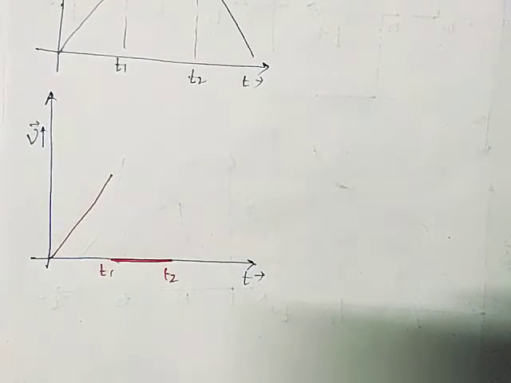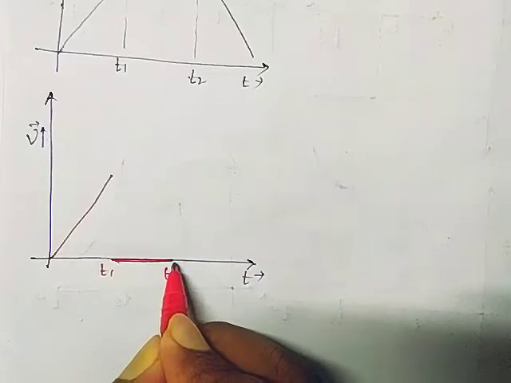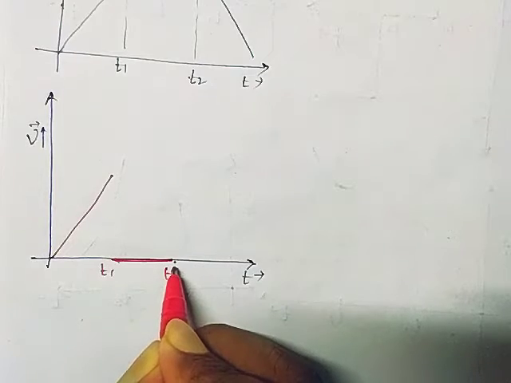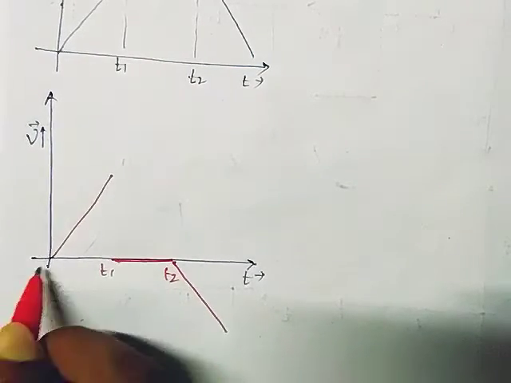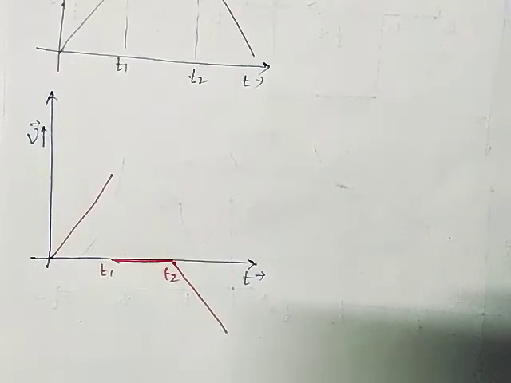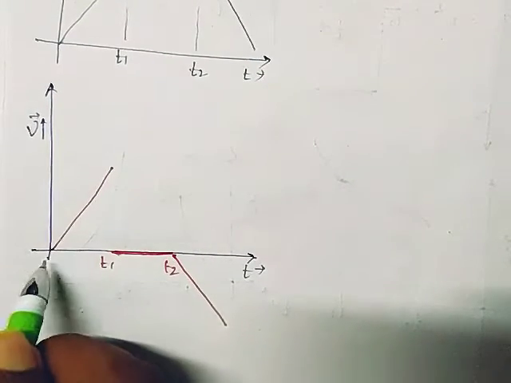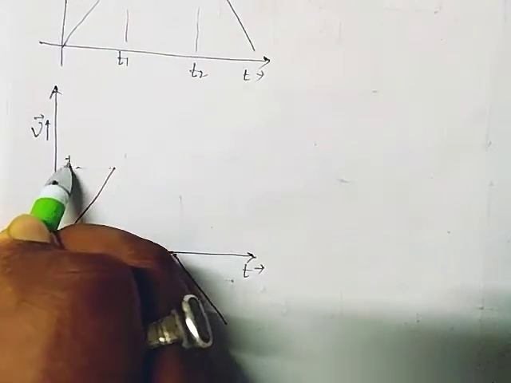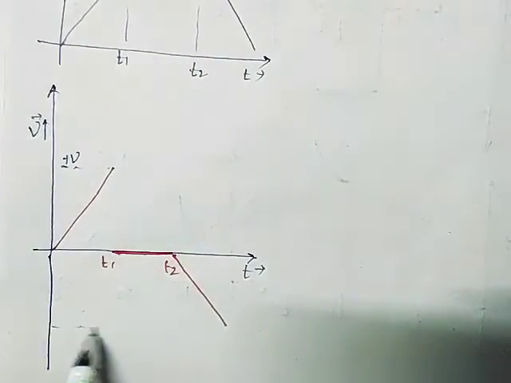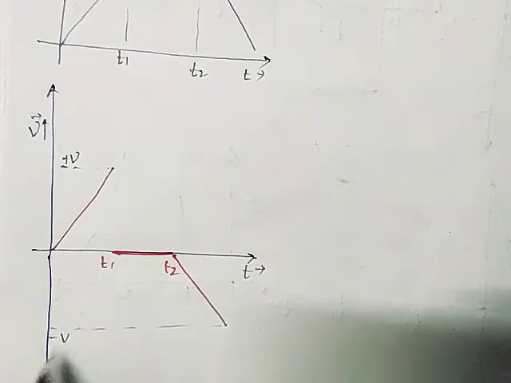After that the velocity is increasing. That is here, if I draw this, what will it basically represent? If I say this is the plus v and this is the minus v, what will it represent?